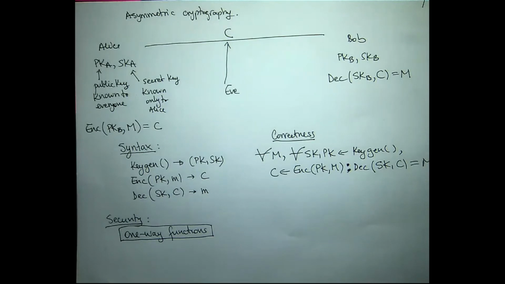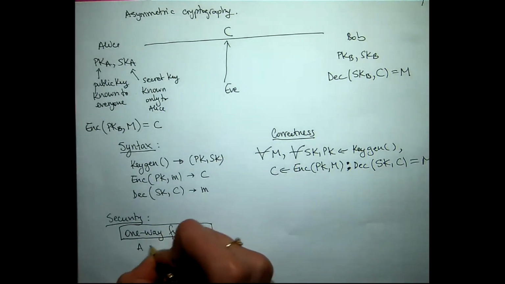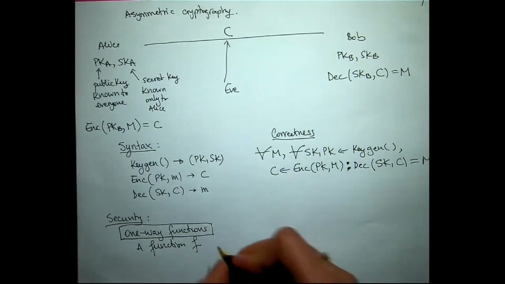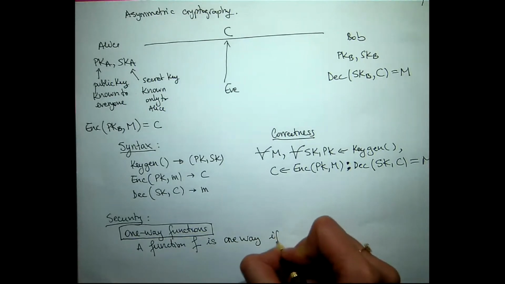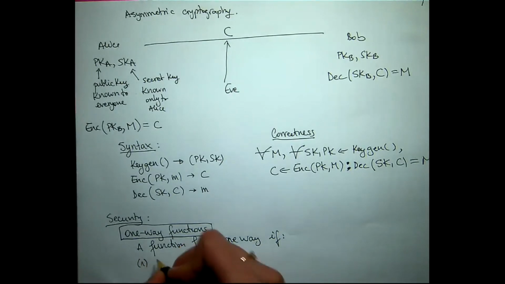Okay. So one-way functions are functions that are easy to compute in one direction, but hard to compute in the other direction. So a function f is one way if we have two conditions.